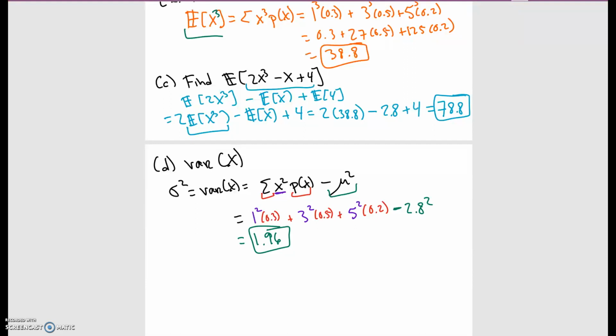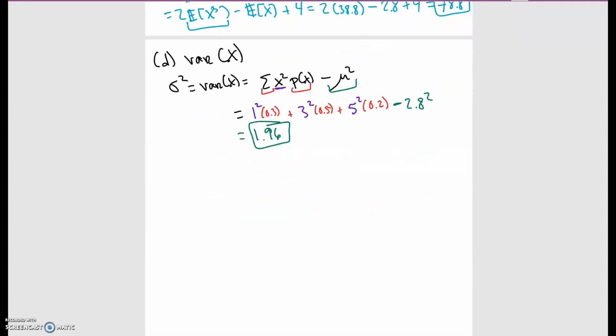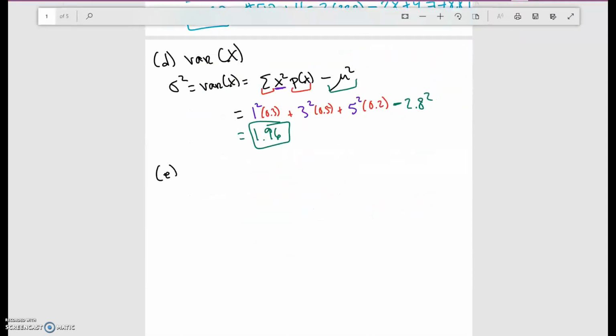So this is variance. Now let's say my next problem, part E, says I want to find the standard deviation of 3x minus 4.